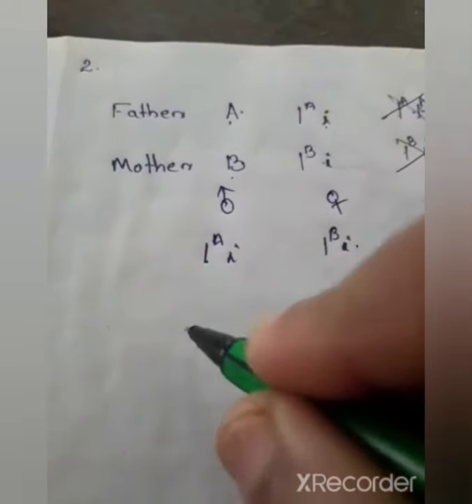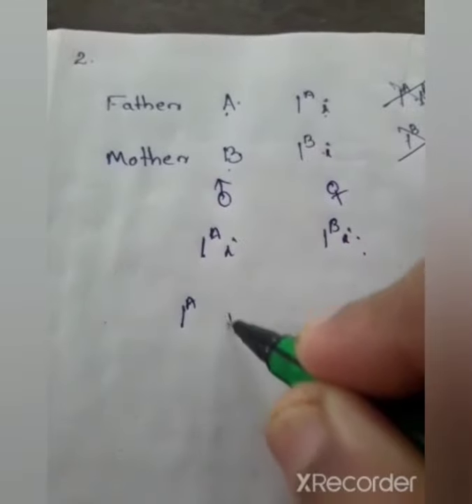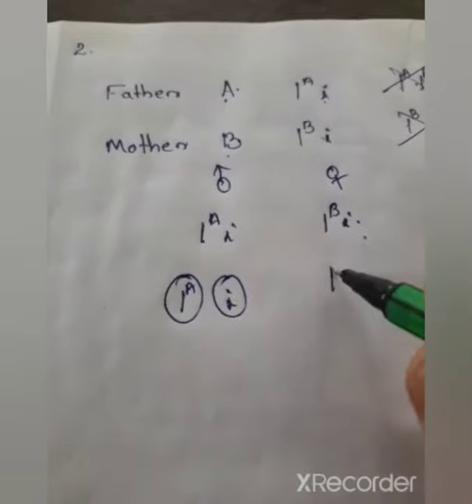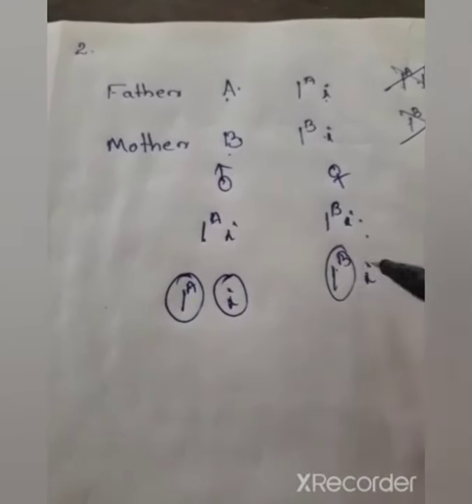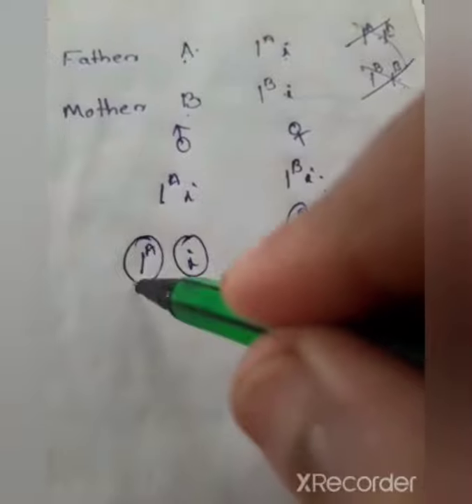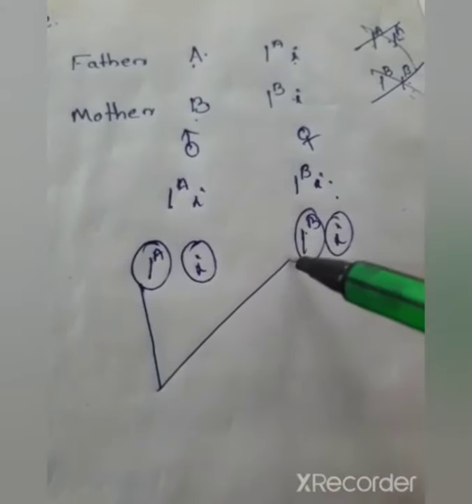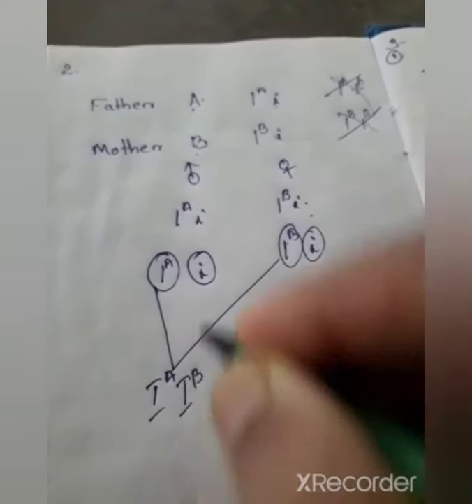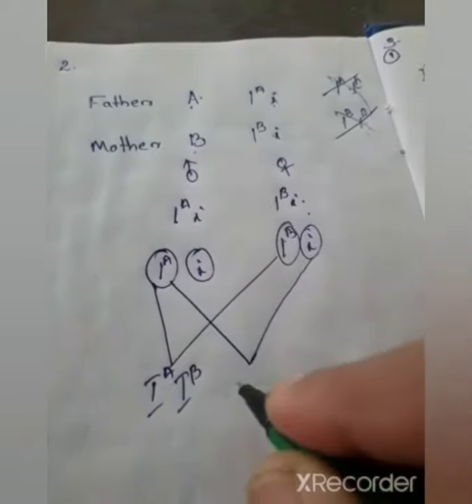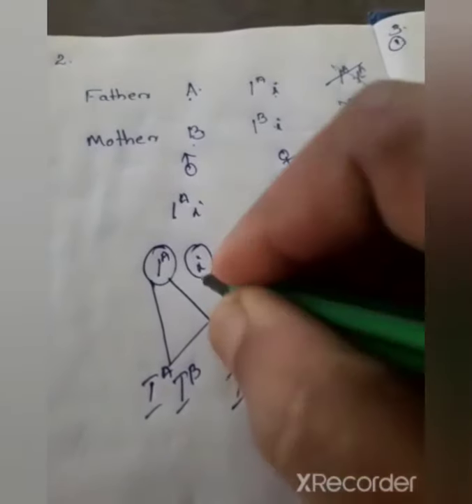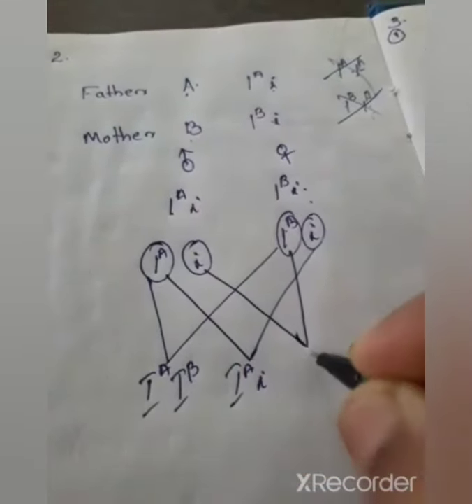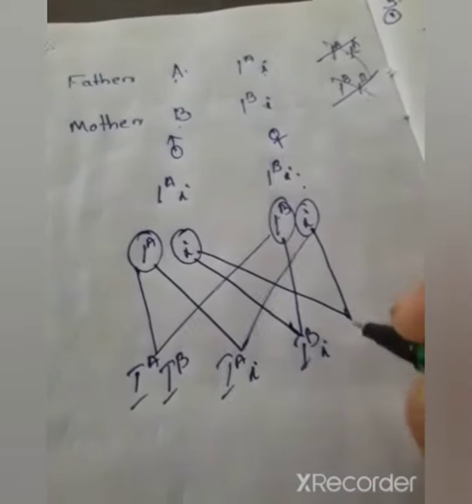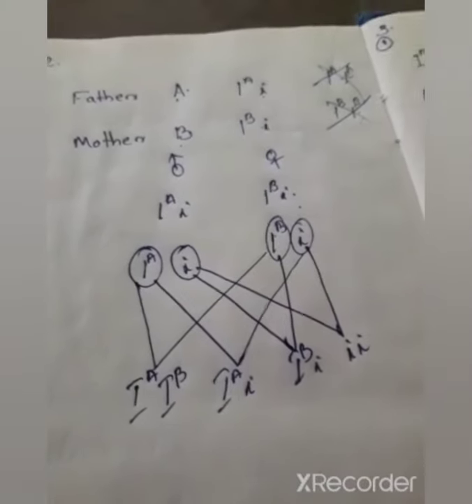During gamete formation, IA and i from the father's side, and IB and i from the mother. Then the possible offsprings: IA IB, IA i, IB i, and last one i i.